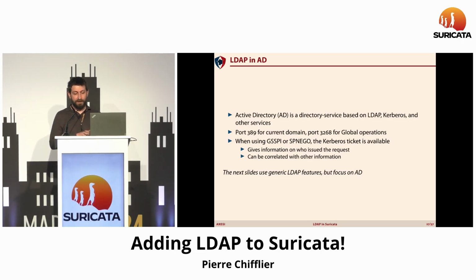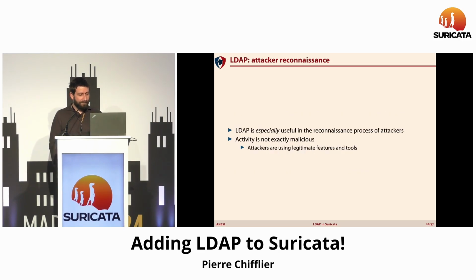Also, we have Kerberos tickets. Hopefully, the Kerberos parser is already in Suricata, so we will be able to plug in all the parsers in the next time. So we'll focus on AD, but what I show could be possible for other things, for generic LDAP.